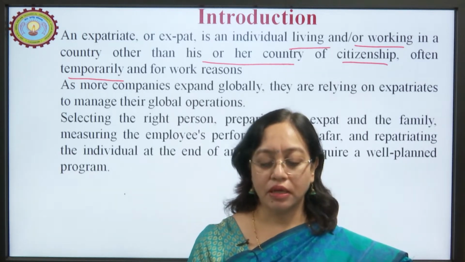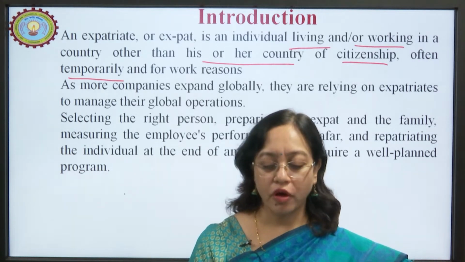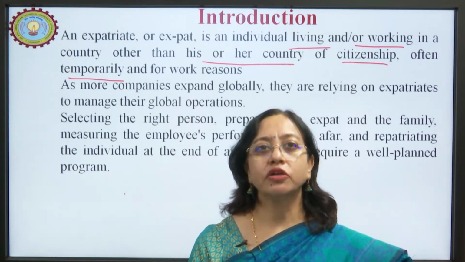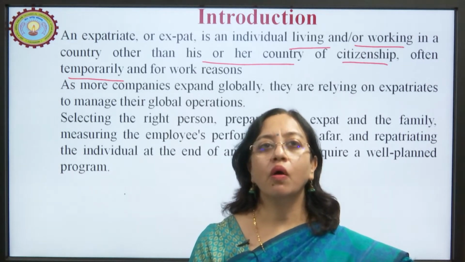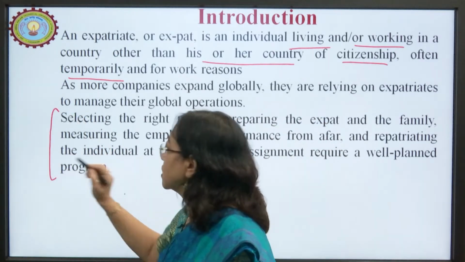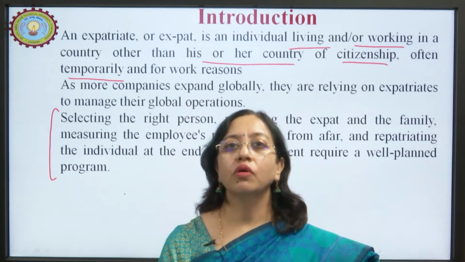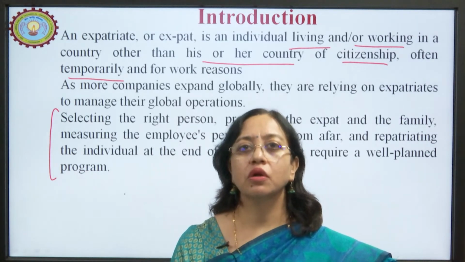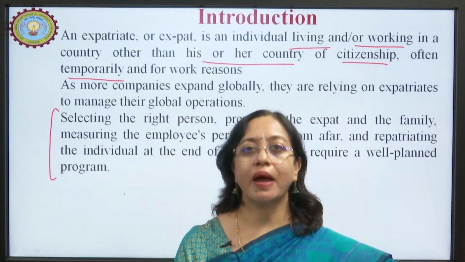As more companies expand globally, they are relying on expatriates to manage their global operations. Selecting the right person, preparing the expat and the family, measuring the employee's performance from afar, and repatriating the individual at the end of an assignment require a well planned program. So, this is the reason we need so much emphasis, as an HR student or an HR professional, on expatriates.